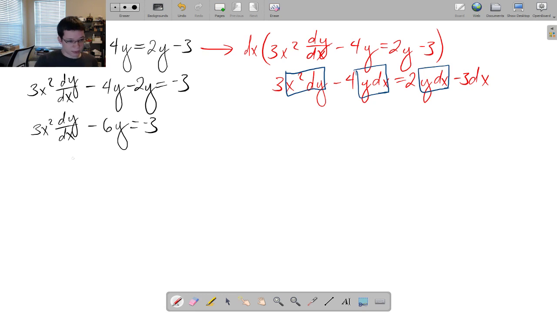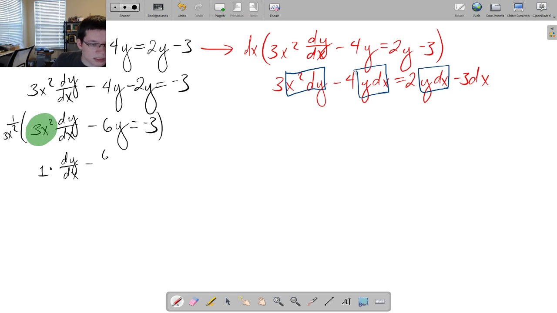And now is the crucial step. You've got to turn this coefficient into a 1 to make this work. So we're just going to take that and divide by it through the whole thing. So 1 divided by 3x squared leaves us with 1 times dy dx minus 6 divided by 3x squared times y equals negative 3 times 1 over 3x squared.